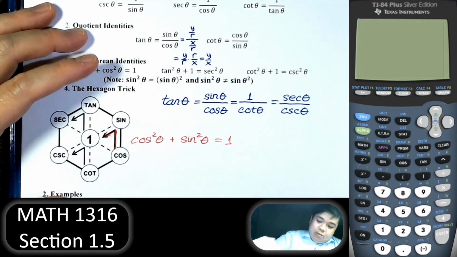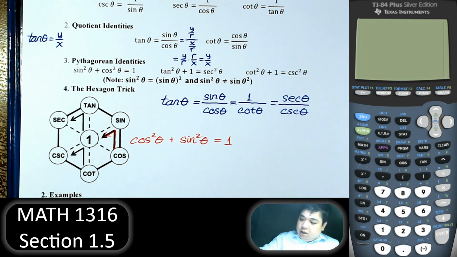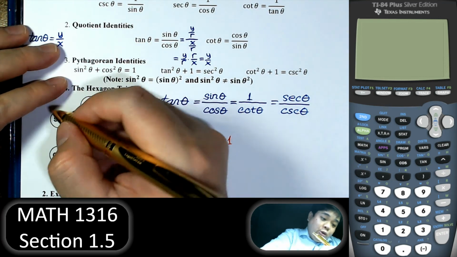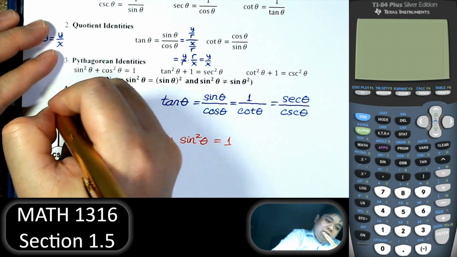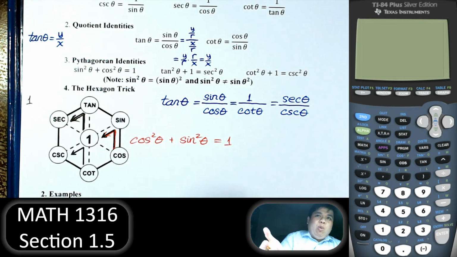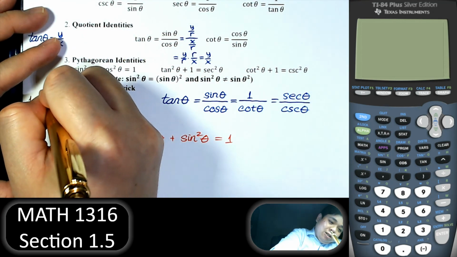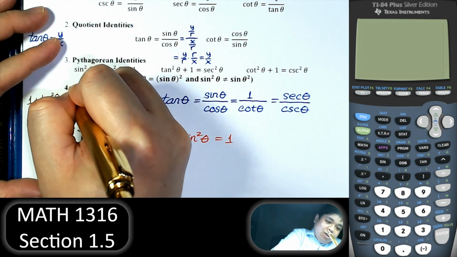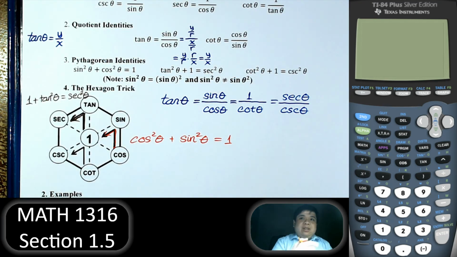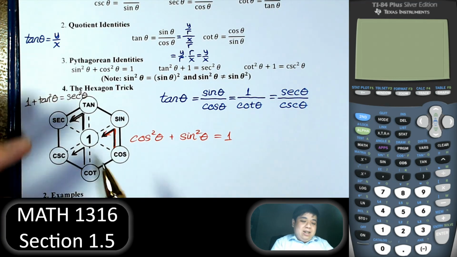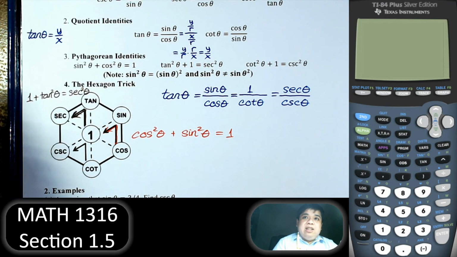And if we follow this arrow, 1 square, we don't need to write 1 square, do we? 1 square is still 1, right? 1 plus tangent square is secant square. Yeah, so up to the left. With that, there's a way to memorize all of those identities.